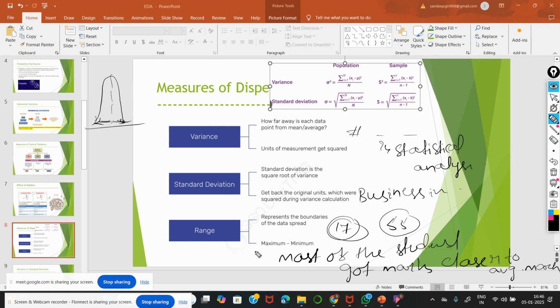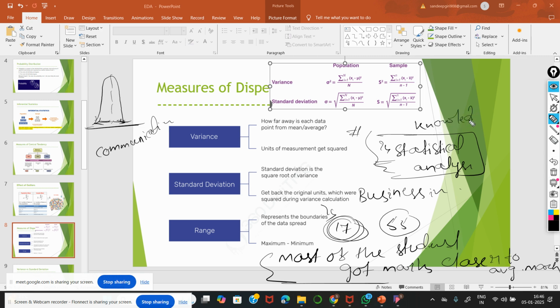Okay, so this is how you can explain to that particular person. You never use any statistical words or numerical things. You have to simply mention something like this. If you tell that person, sir, standard deviation 17 came out, that client won't be taking interest. They will say, whether 17 comes or 700 comes, what do I know? You tell me what I want to understand according to my business. So here what you need is communication, how you are presenting something to a person. Your smartness and communication matter here while explaining something to the client. But before that, you need knowledge. You should be knowing what you have to do, what standard deviation is, how you are interpreting it.